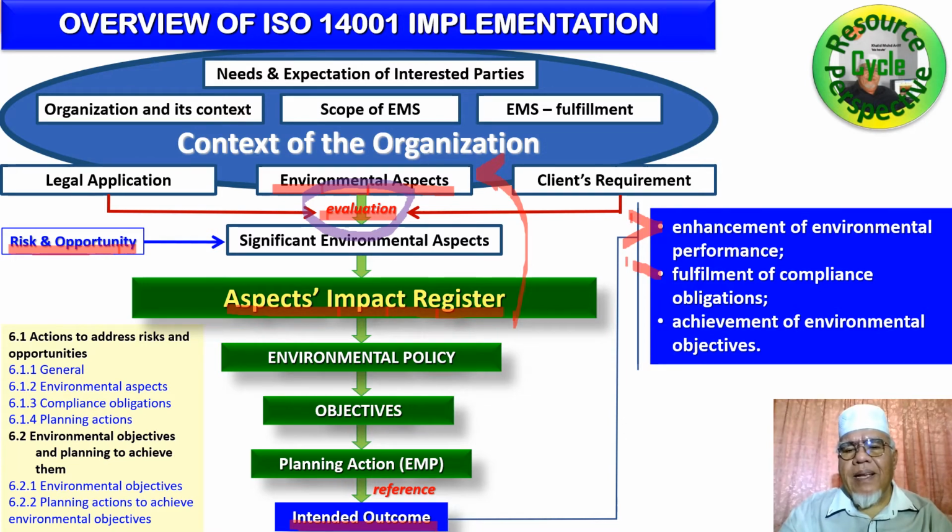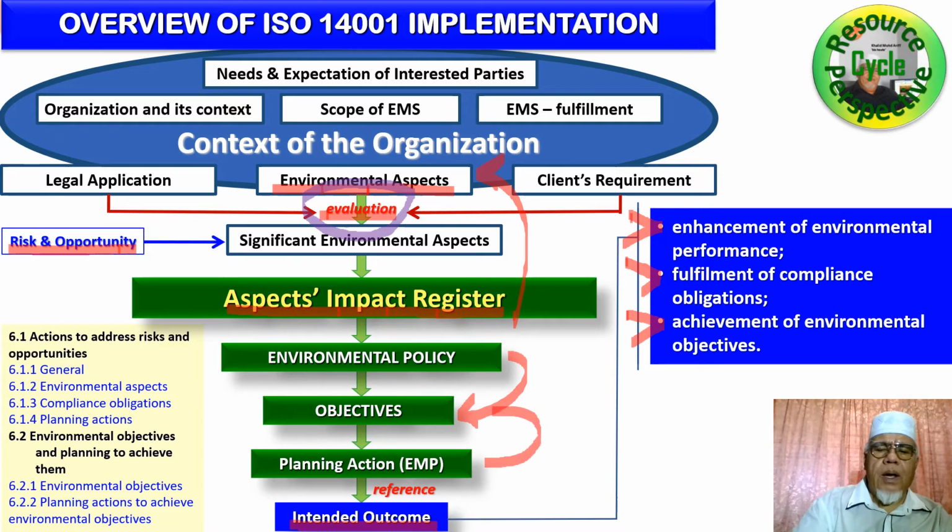Fulfill compliance obligation, also in the dashboard, legal, clients, etc. And important thing, achieve environmental objective. So it is set over there. Okay, from the policy we set our objective, and from objective we set what we must do in order to achieve those objectives.